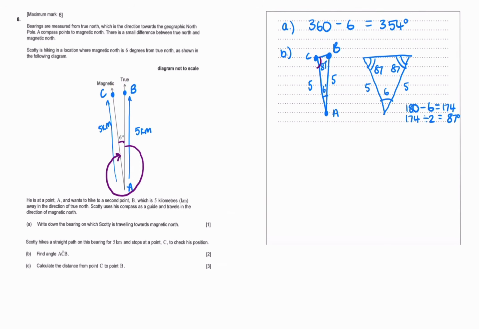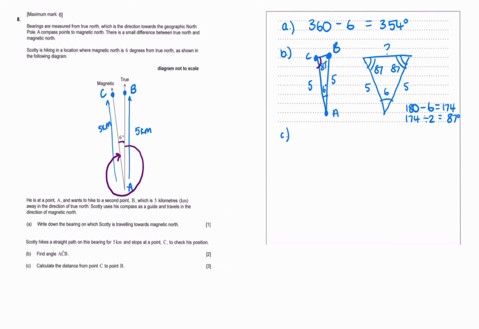And then the last part, we need to find the distance from point B to point C. For this one, again, I'm just going to draw this triangle, or I guess we could use this one here. We're trying to find this distance. We know 3 of the angles. We know 2 of the sides. So we're only missing one side. You can use either sine rule or cosine rule. It doesn't really matter.